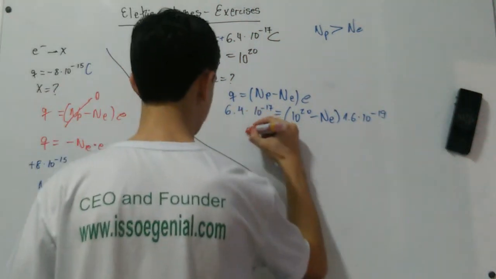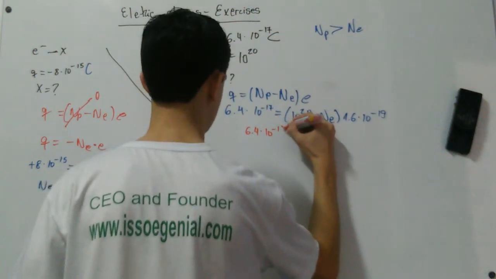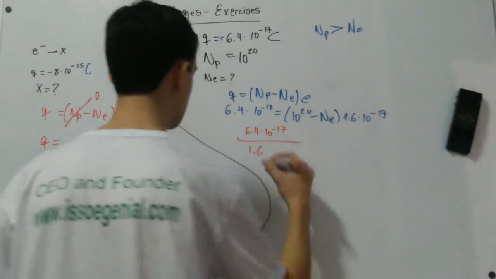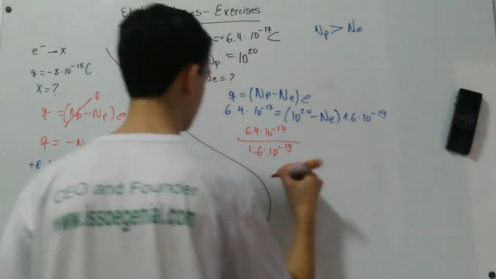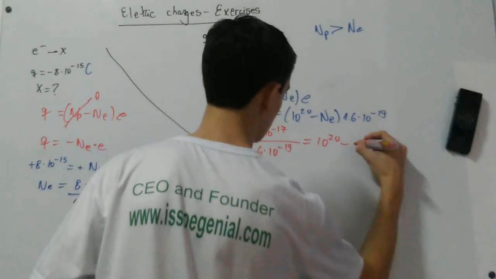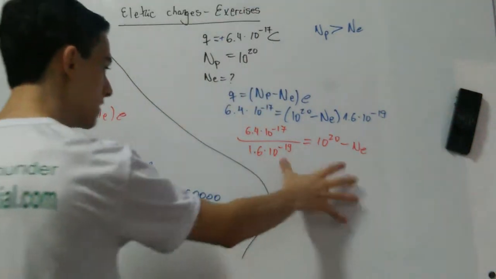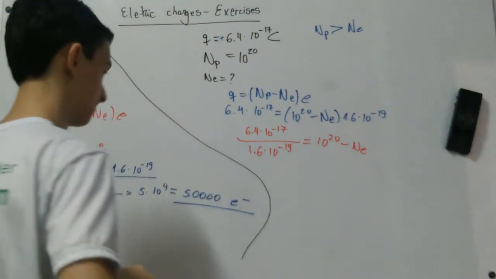So we're going to have 6.4 times 10 to the power of negative 17 divided by 1.6 times 10 to the power of negative 19 is going to be equal to 10 to the power of 20 minus the number of electrons. And here we have our equation with only one thing we don't know, it's the number of electrons.